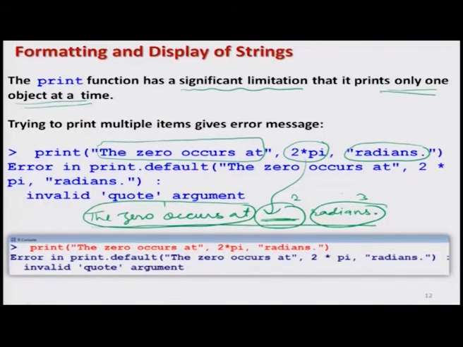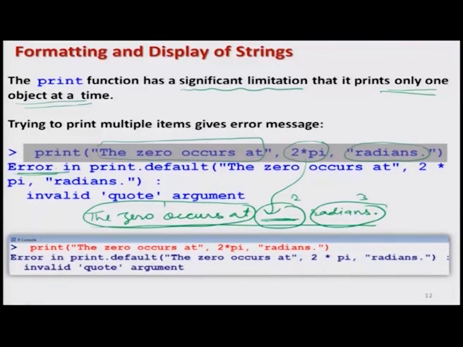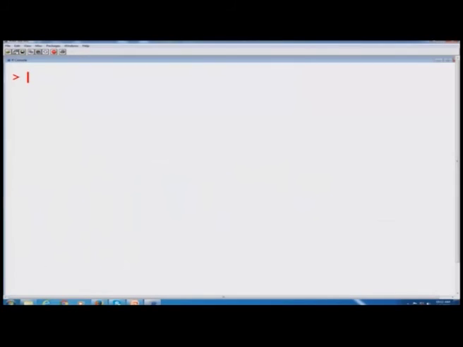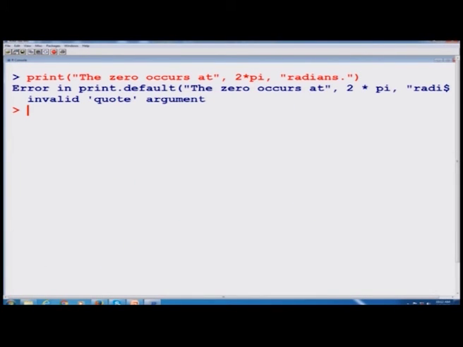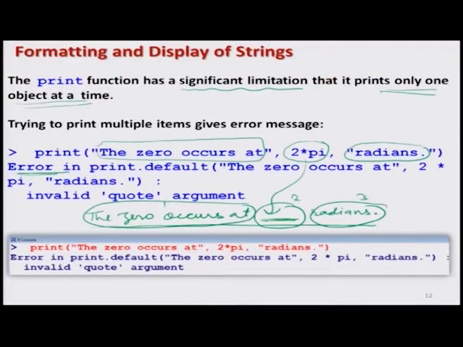But now if you try to do so, you get an error. Let us see what happens. You get an error, that there is something wrong. So that means print is not working when we want to print more than one object at the same time.